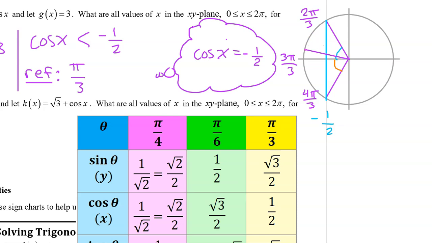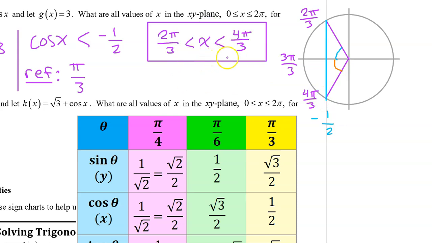And the x value will continue to be less than negative 1/2 until I get to this other reference angle. So the solutions will be the interval from 2 pi over 3 to 4 pi over 3, because these are the angles where the horizontal displacement is less than negative 1/2.